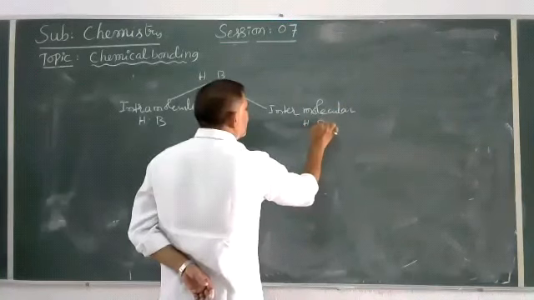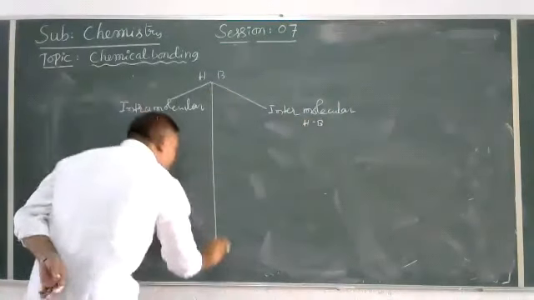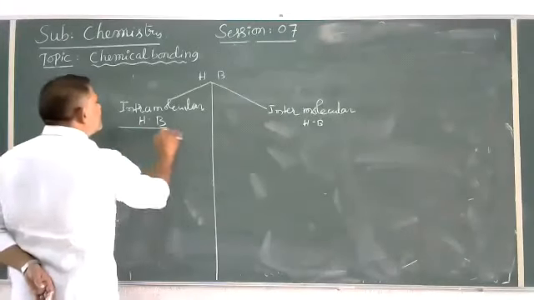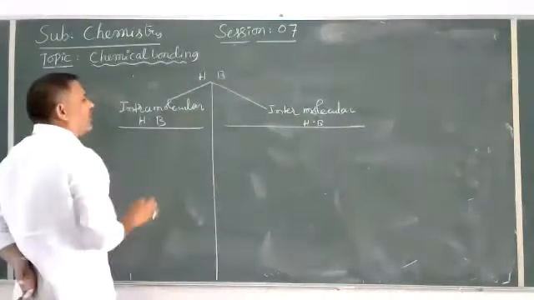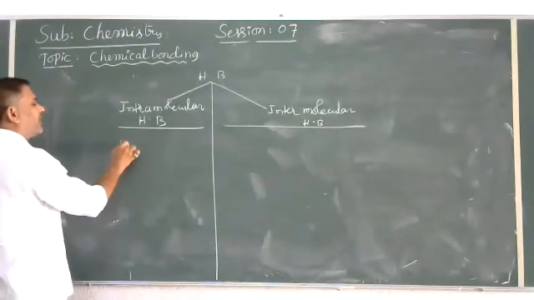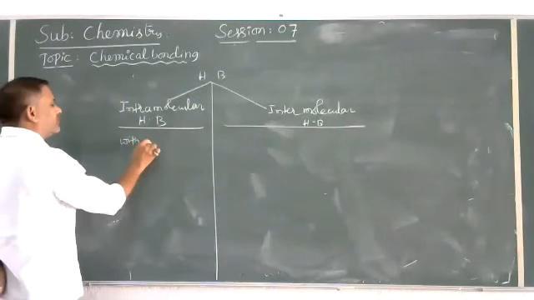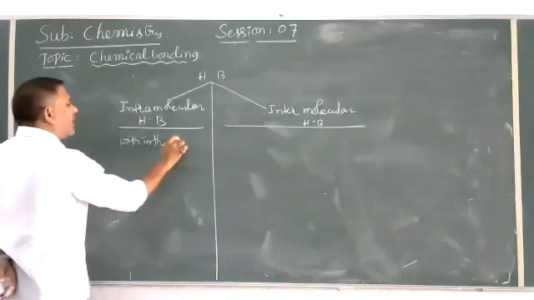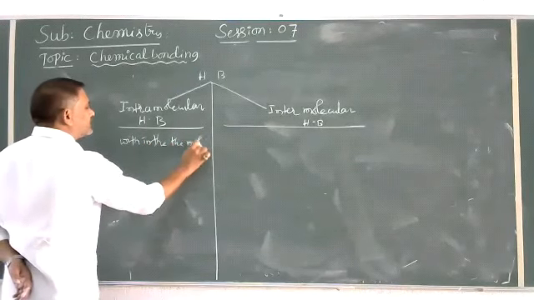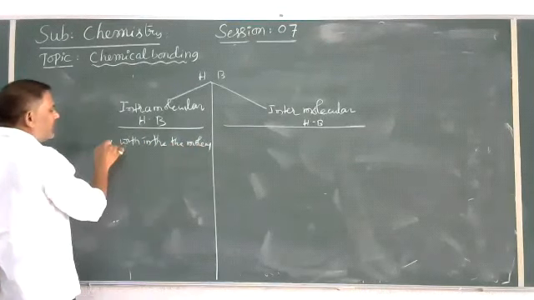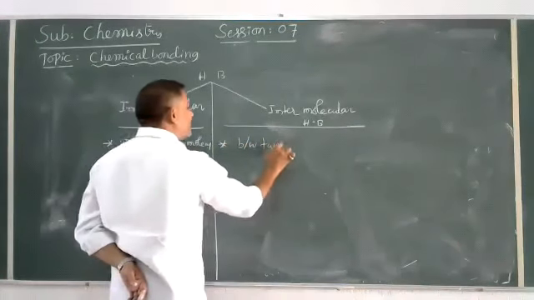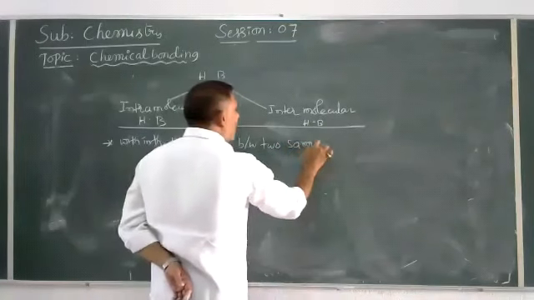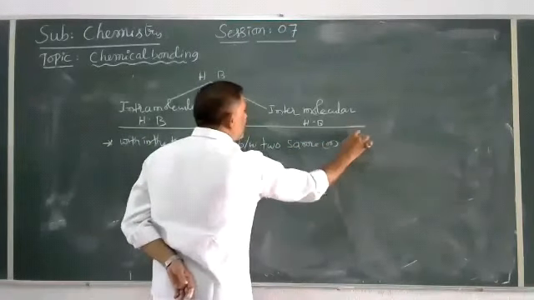Generally this is one type of hydrogen bond. It is also one type of hydrogen bond. Here it is present within the molecule. Within the molecule it exists. Here it exists between two same or different molecules.